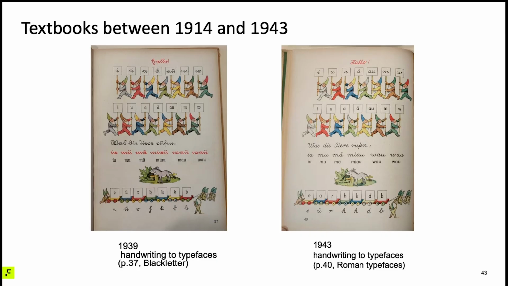Okay, so what do you understand by this? The reason for the ban by the Nazi regime is quite easy. They wanted to expand in Europe, so they wanted to give up Blackletter because other foreigners couldn't read these typefaces.